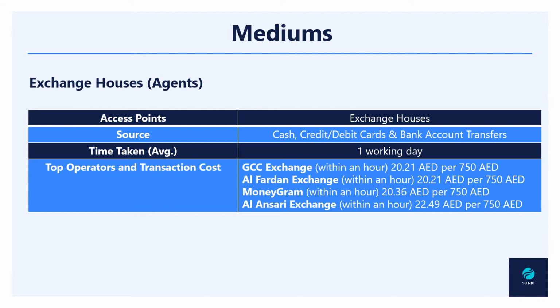The GCC Exchange, Al Fardan Exchange, Al Ansari Exchange, and MoneyGram will transfer your money within an hour, and the charges are as follows: 20.21 AED for GCC, 20.21 again for Al Fardan, 20.36 AED for MoneyGram, and 22.49 AED for Al Ansari, and all these charges are for sending 750 AED to India.